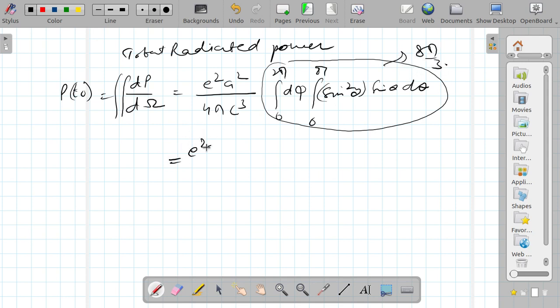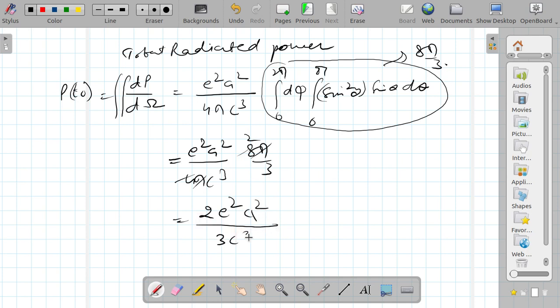So it is E square A square over 4 pi C cube into 8 pi by 3. This will cancel out with it, so it is 2E square A square over 3C cube.